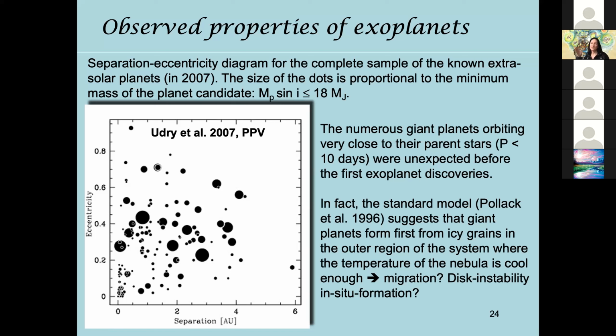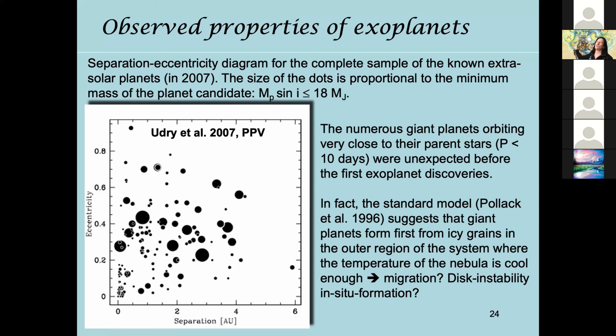And as you saw before, our giant planets are present beyond the snow line. So how can you have these big planets actually form close to the star?